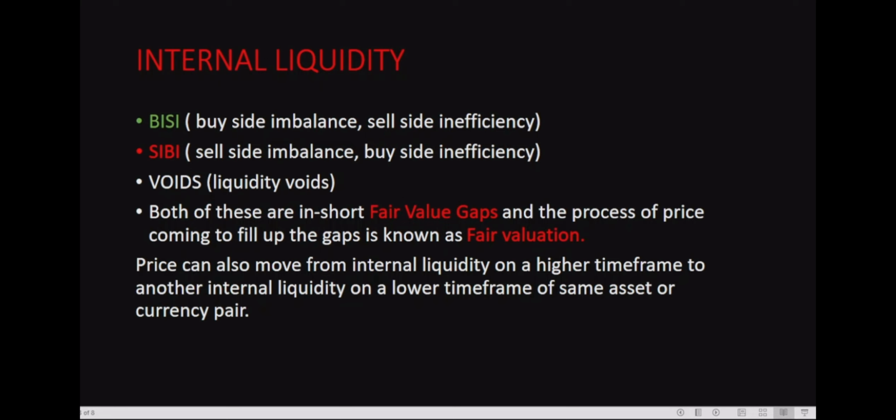We already know that. Okay, so the first one is the BISI, which is the buy side imbalance, sell side inefficiency, and the other one is sell side imbalance, buy side inefficiency. So the buy side imbalance is when you have a bullish candle that creates a very, very long body, or that creates a kind of fair value gap.